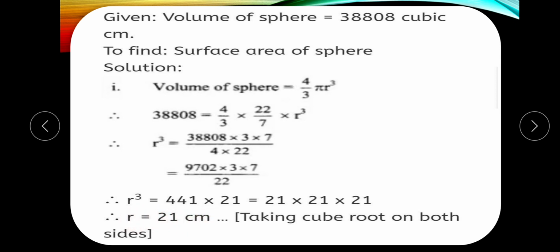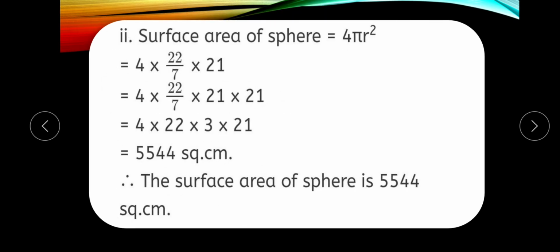Now we will substitute this radius to find the surface area of the sphere. Surface area of sphere is equal to 4 pi r square, 4 into 22 upon 7 into 21. Children, please write here 21 the whole square. Square is missing over here. So, surface area of sphere is 4 pi r square. Substituting the value, we get 4 into 22 upon 7 into 21 the whole square.